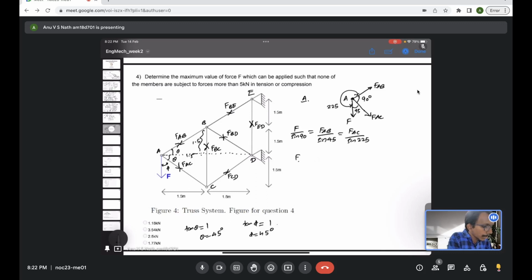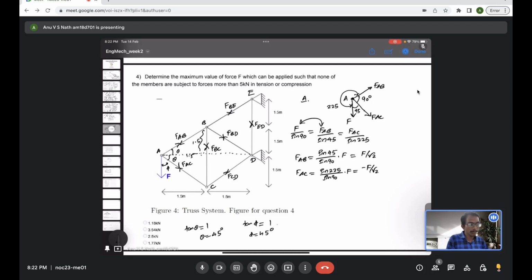Now you can write FAB using the first two together as sine 45 by sine 90 times F, which is just F by root 2. Now FAC is sine 225 by sine 90 times F. Sine 225 is minus 1 by root 2, so it's minus F by root 2. So we have evaluated two forces, AB and AC.